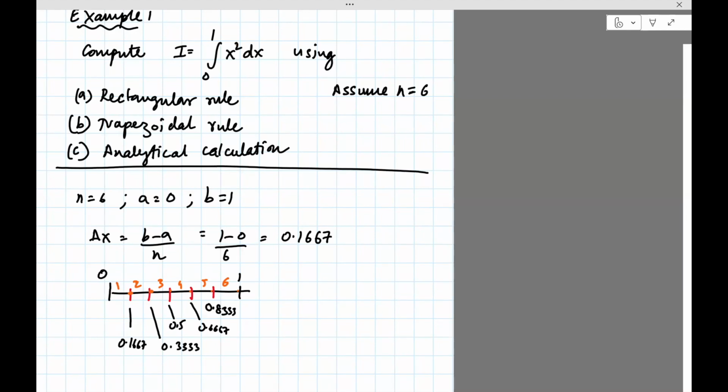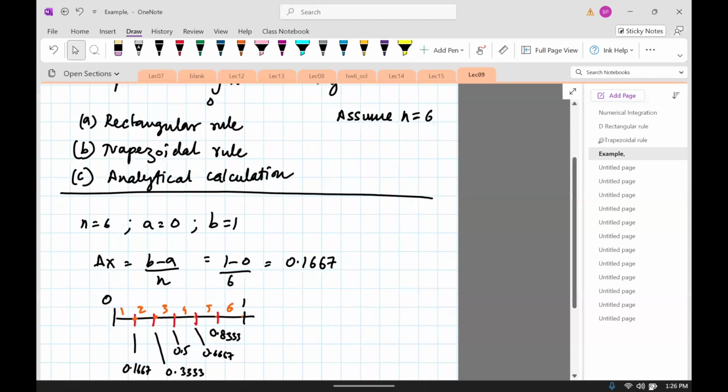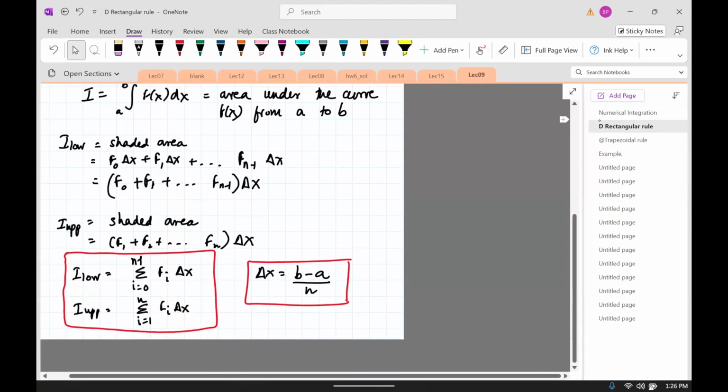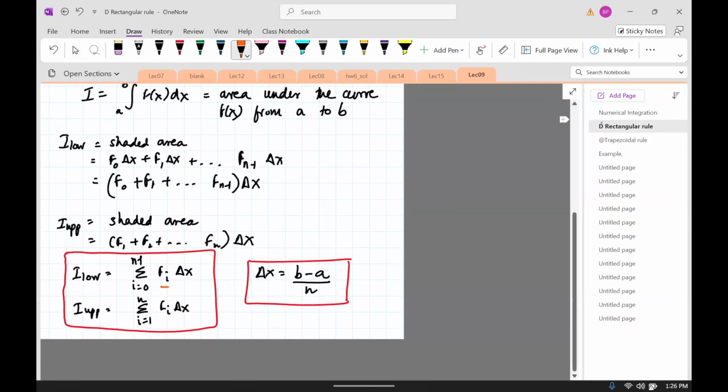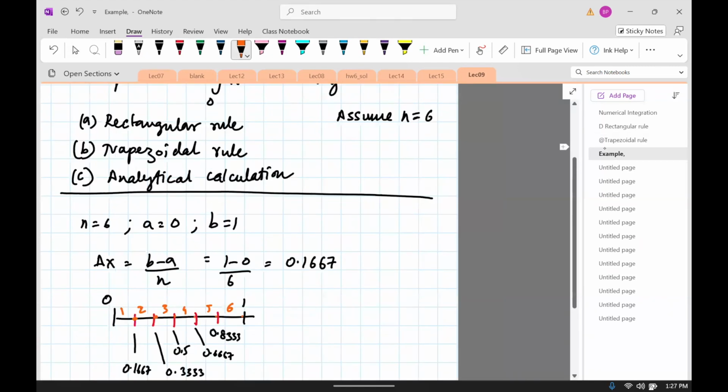So what I suggest, the easier way to do this, is to remember the formulas tell us that for the rectangular rule, we need to evaluate the function f of i at the grid points. Same for the trapezoidal rule. So let's just do that, and that will become much easier to use.